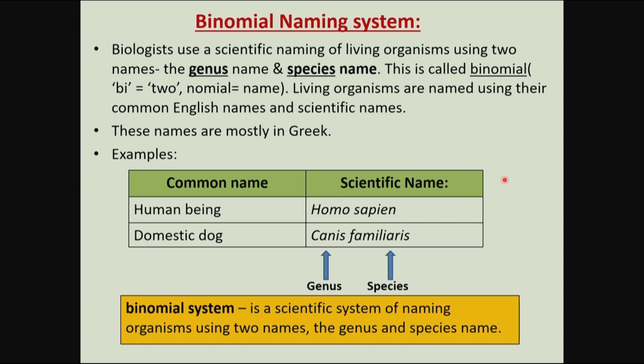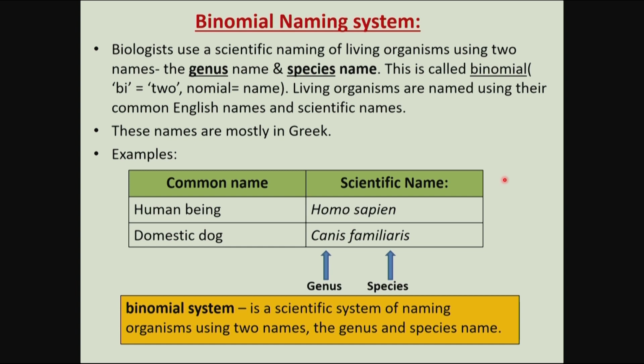All living organisms which we find here on Earth have two names. They have their common names, like the domestic dog at home, and they have a scientific name. The scientific name for the domestic dog is Canis familiaris, for instance. So this is called binomial.